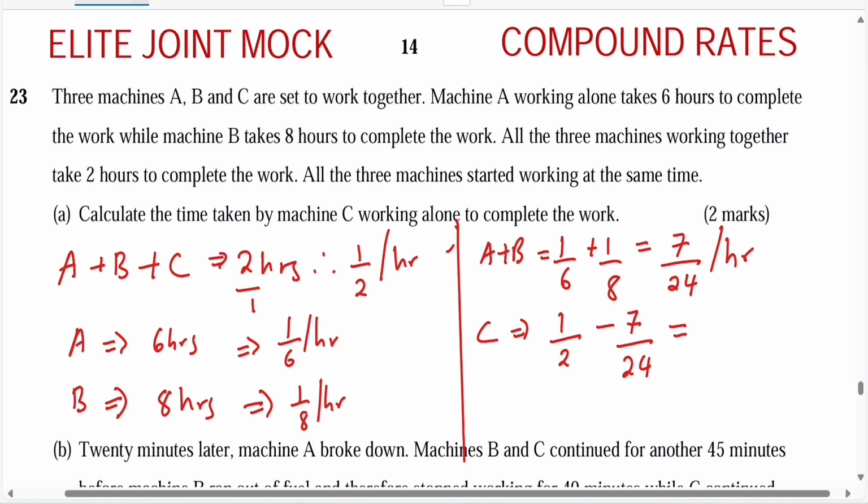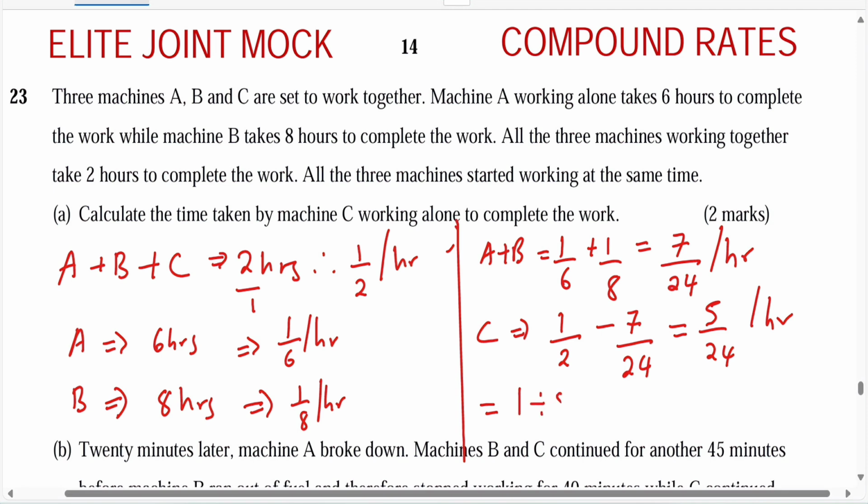But let me confirm. So a half minus 7 over 24 gives you 5 over 24. So this is 5 over 24 per hour. So if you were to calculate the time taken by machine C working alone to complete the work, you just do the reciprocal of 5 over 24.